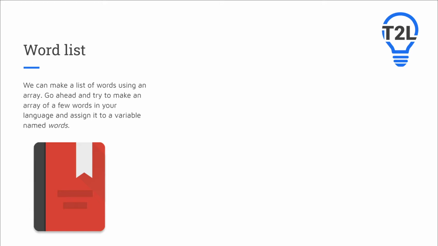So what I want you to do is open it up and try to make a list of words. It can be 5 words long, or however many you want. Just make a list of words and assign it to a variable called words. The one I'm going to be going through right now is the array, but at the end, I'm going to help you through and suggest how you can do the input.